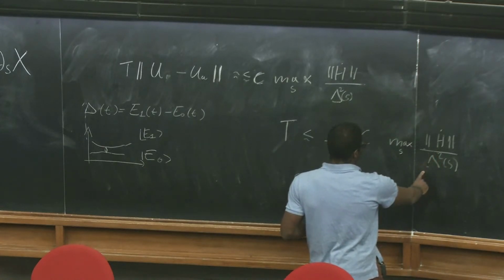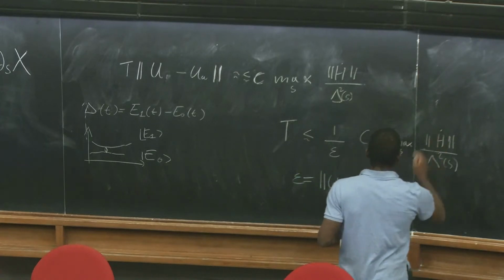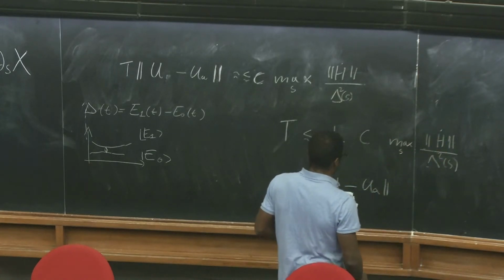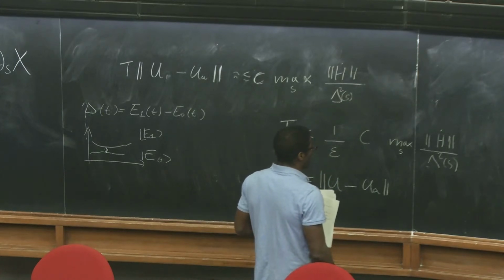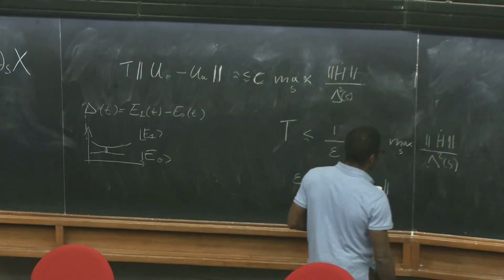So if, for example, the derivative for some reason is constant, the time to have a certain error epsilon is going to scale with the inverse of the square of the gap.